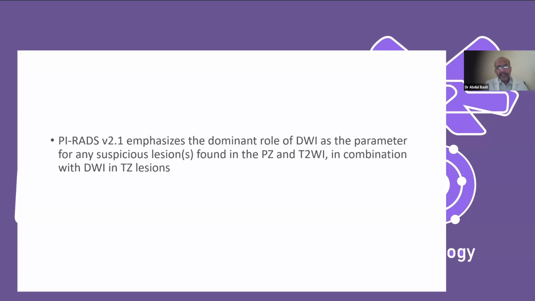This version emphasizes the dominant role of diffusion weighted sequences, as this parameter is very significant in identifying suspicious significant lesions in the peripheral zone, and the combination of T2 and diffusion weighted images is considered very sensitive for the interpretation of transitional zone lesions.